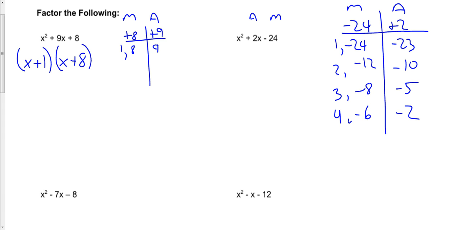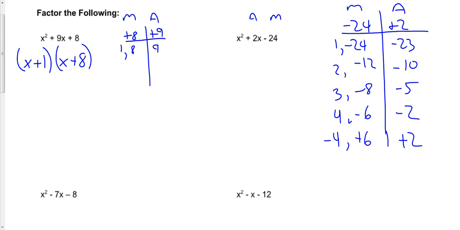So instead of having the first number be positive, let's try the second number be positive. If I switch this and put in negative 4 times positive 6, that also multiplies to negative 24, but that adds together to be positive 2. Okay, and you'll notice that when you switch the signs, you end up with the same number, but a different sign in front of it.